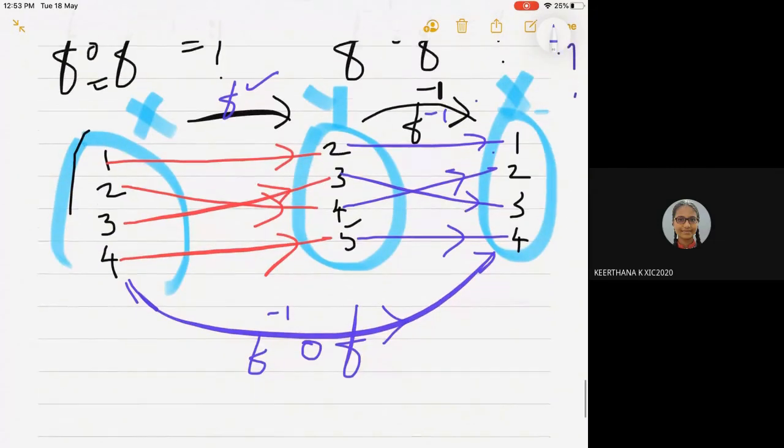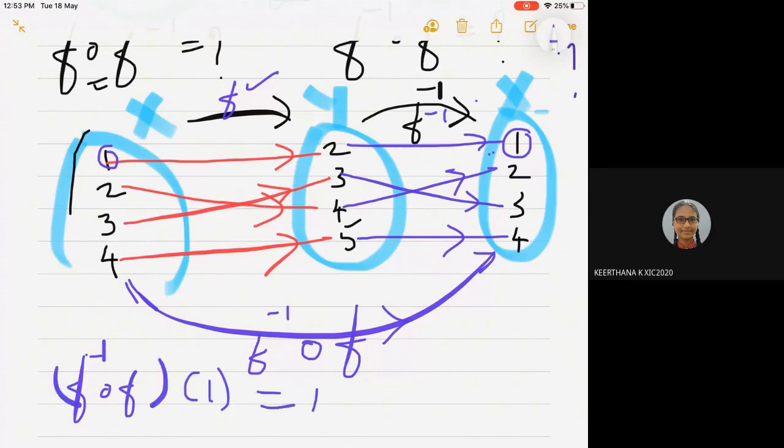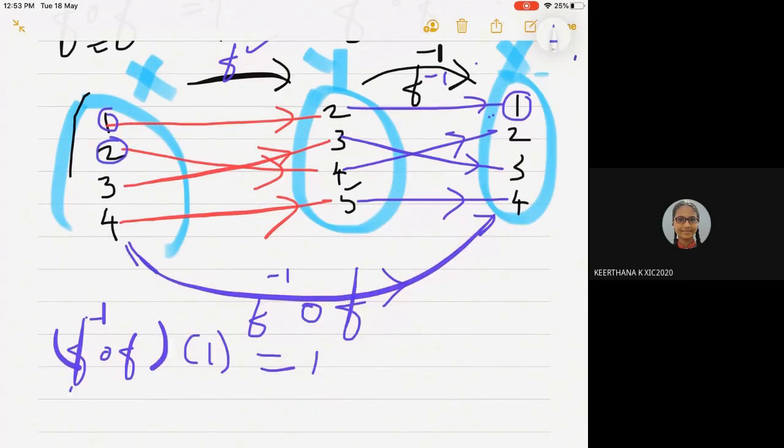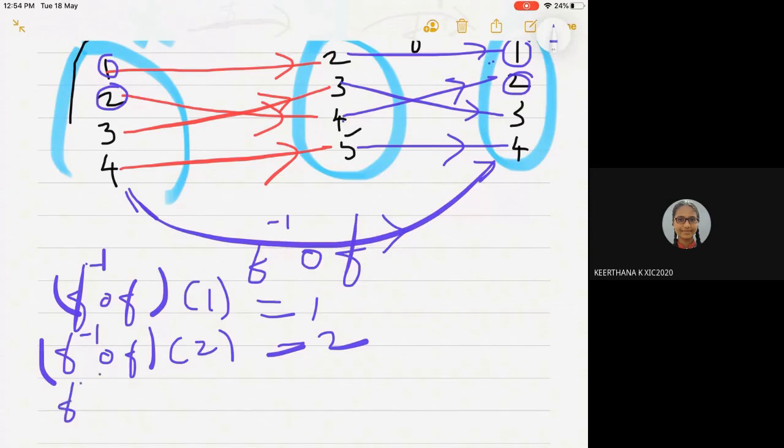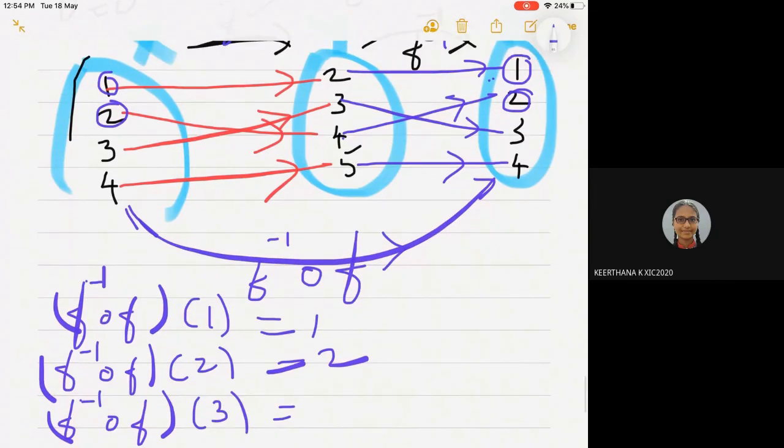And what is each image of f inverse f? The image of 1: you go to 2 and then to 1. So the image of 1 becomes f inverse f of 1, which is 1 ultimately. Now f inverse f of 2: from 2 it went to 4, from 4 it went to 2. So that becomes 2. f inverse composition f of 3: as per the composition, f of 3 is here.